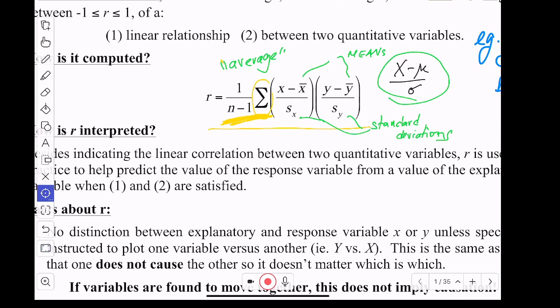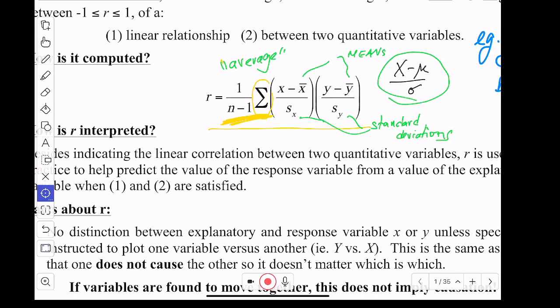Okay, so x and y are standardized, then they're multiplied and averaged. So we are replicating the visualization I did before, looking at values above the mean and below the mean. What happens to y when x is above its mean?